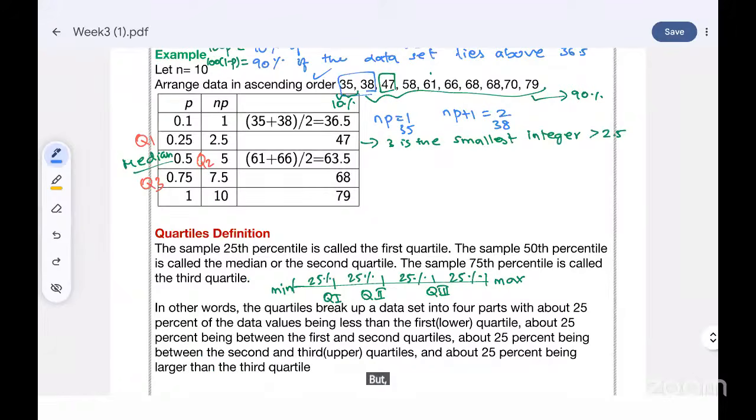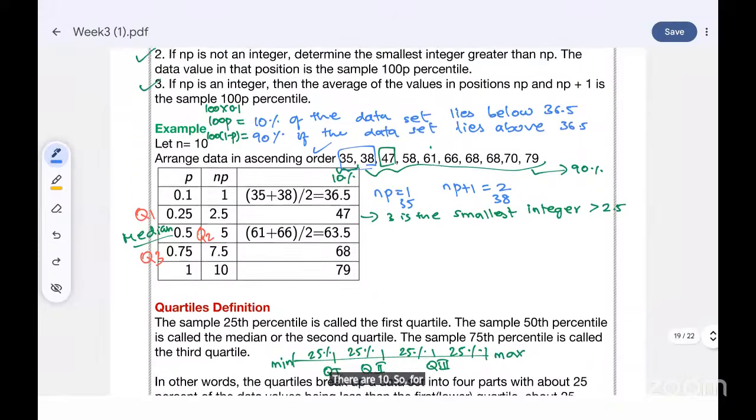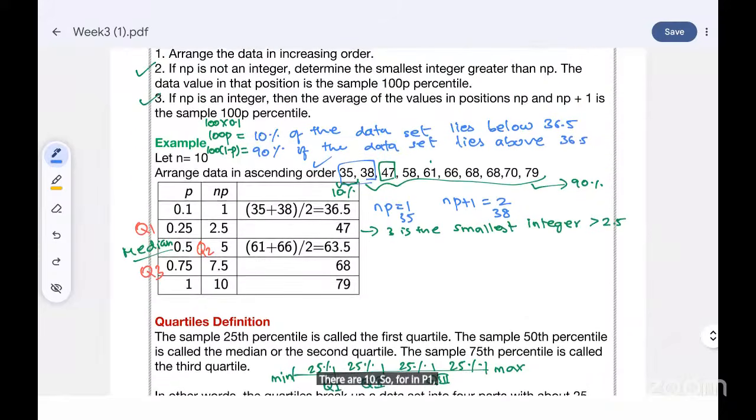In this case, you have taken n even, there are 10 values. So for the median you did 35 plus 38 divided by 2, the average. See, you are looking at what NP is.